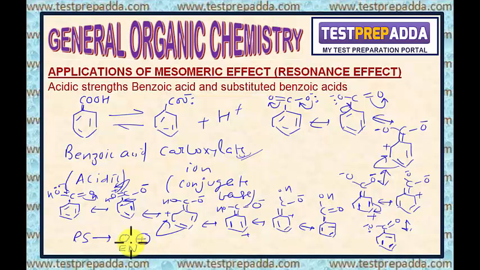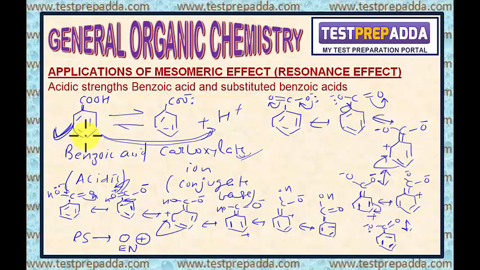Electronegative element is capable of holding negative charge. But electronegative element, when it gets positive charge, it will destabilize the actual molecule. While in case of carboxylate ion, you will not find positive charge on oxygen. That is why we say carboxylate ion is more resonance stabilized than benzoic acid. That is why this process is more in the forward direction, and relatively benzoic acid is acidic.